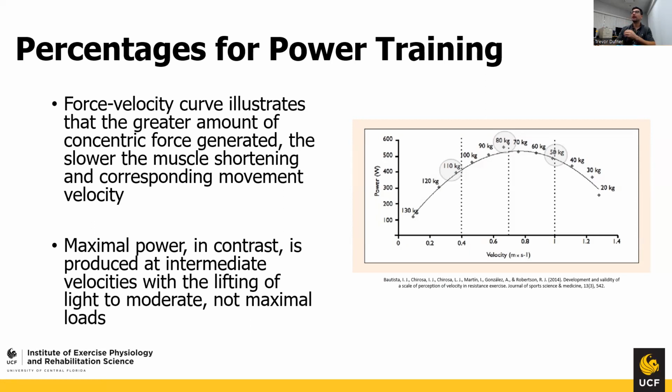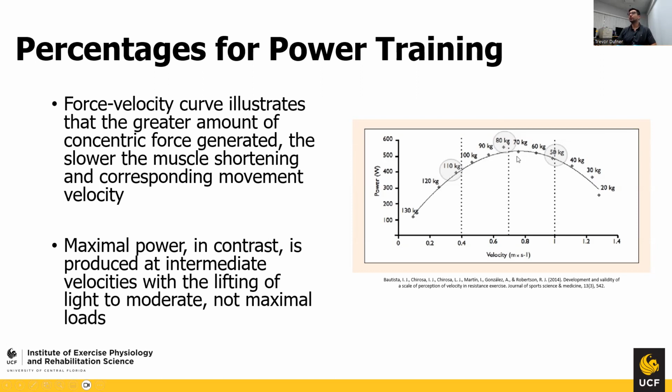If you're moving that muscle through its range of motion really fast, it is not able to generate force as readily. So maximum power, in contrast, is produced at intermediate velocities with the lifting of a light to moderate, not maximal load. So we see here at a more moderate load, at a more moderate velocity, we're going to see the greatest amount of power.